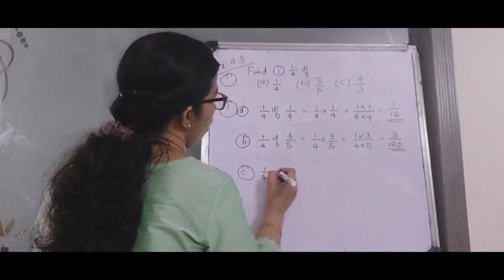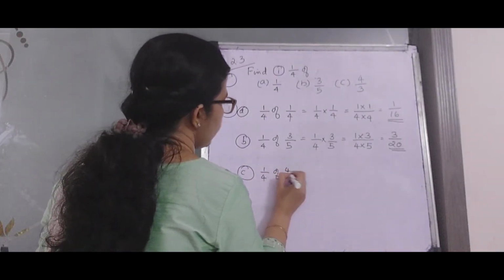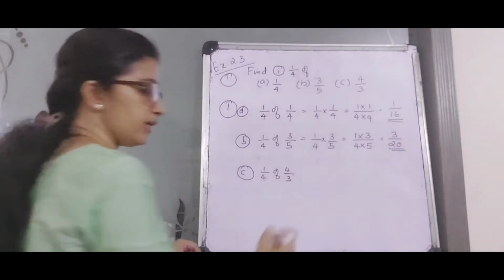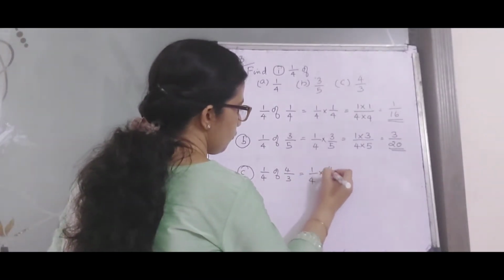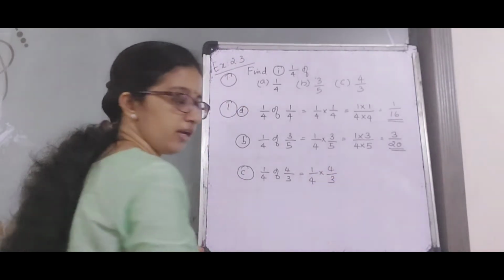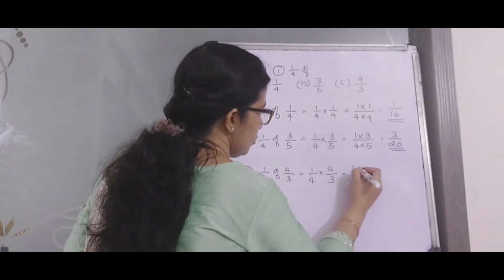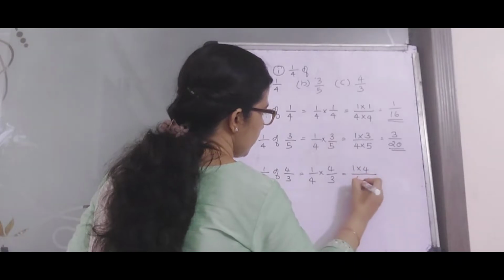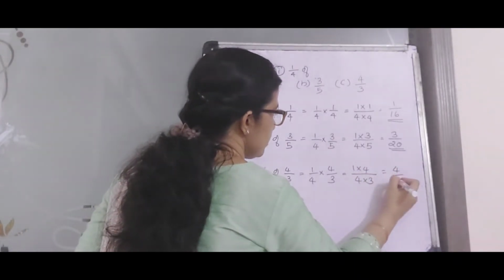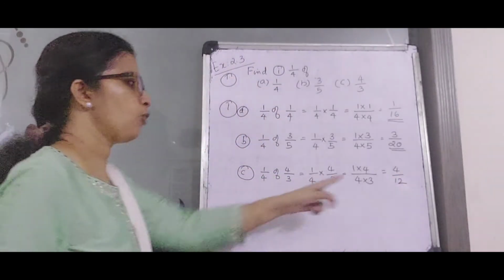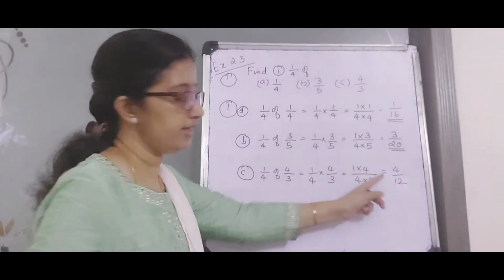1 by 4 of 4 by 3 is equivalent to 1 by 4 into 4 by 3, which is equivalent to 1 into 4 divided by 4 into 3, equal to 4 by 12. So this 4 by 12 can be further simplified, right?